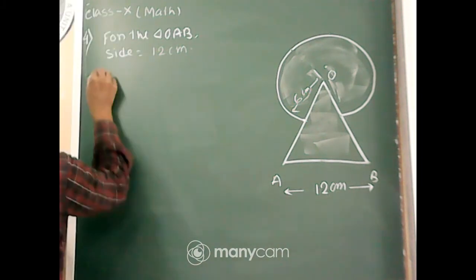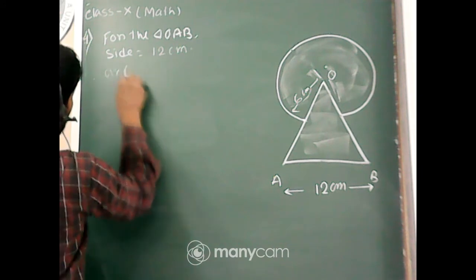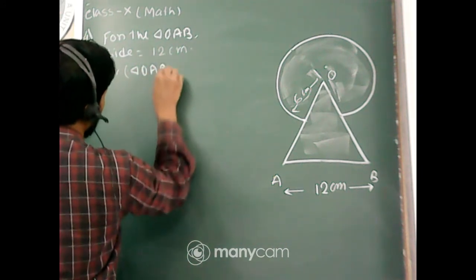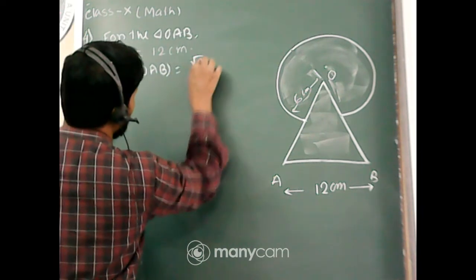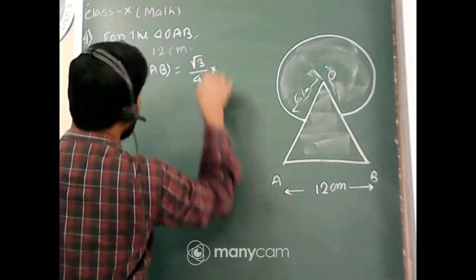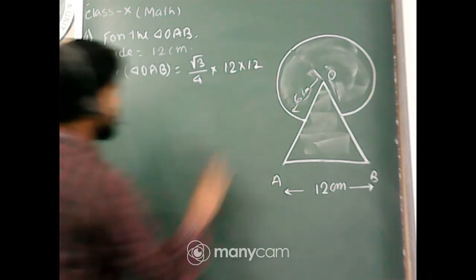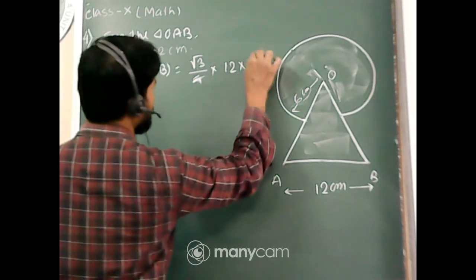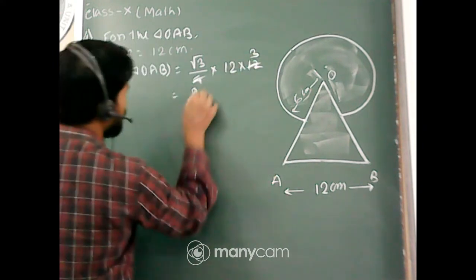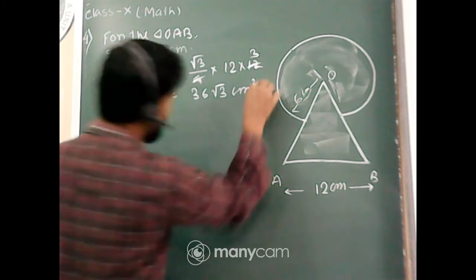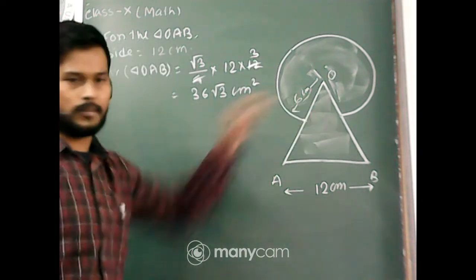So area of the triangle OAB is equal to root 3 by 4 into side square, and the side is 12. So 12 into 12. So that is equal to 36 root 3 centimeter square. This is the area of the triangle only.